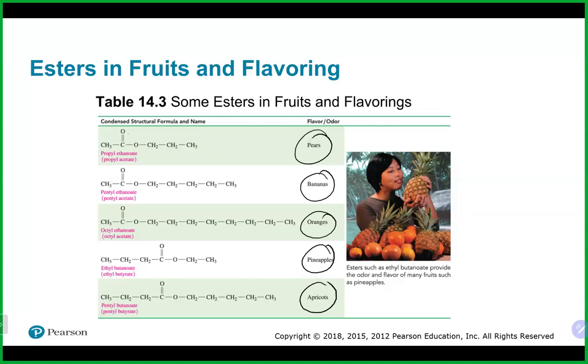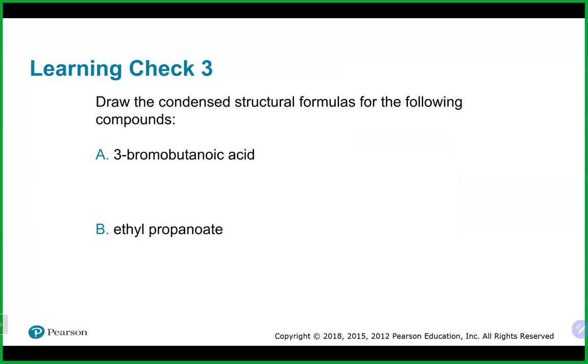And again, all of them can be broken apart, going away from our alcohol part. So we can see our propyl, our pentyl, our octyl. And going the other way will give us the base of the name and ethanoate on most of those. So you'll make some of these, perhaps smell some of them, and they're all made from that esterification reaction.